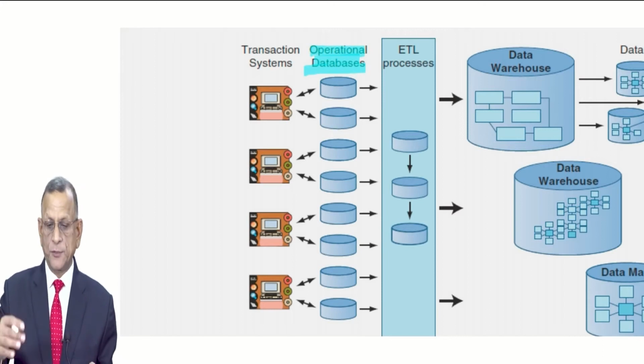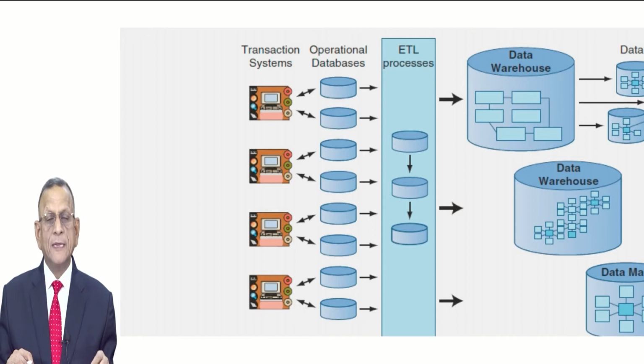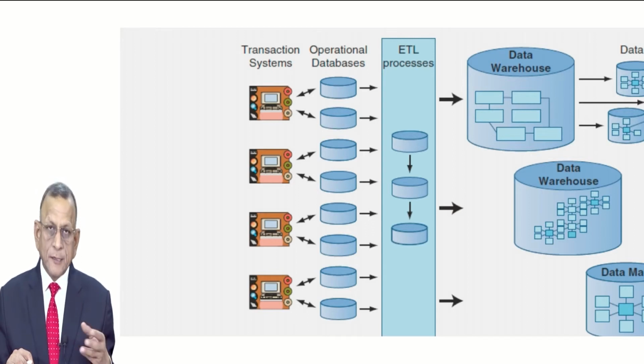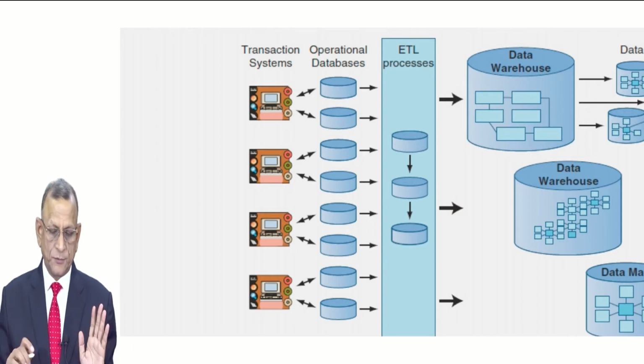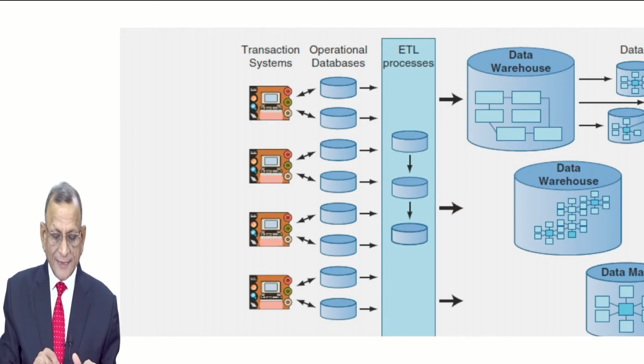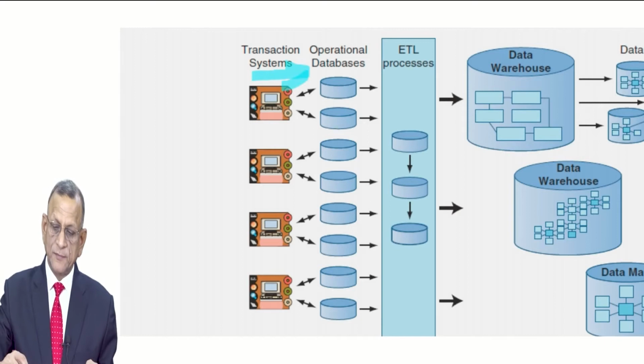This may be a new term for you. Operational database means the database where the data is being updated constantly with the operations. So, transaction systems are providing data to operational databases.